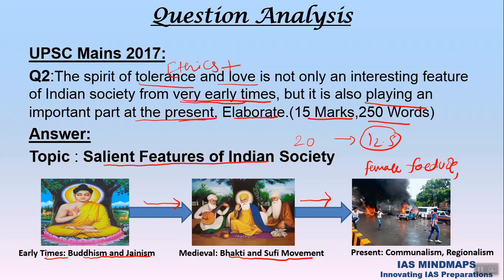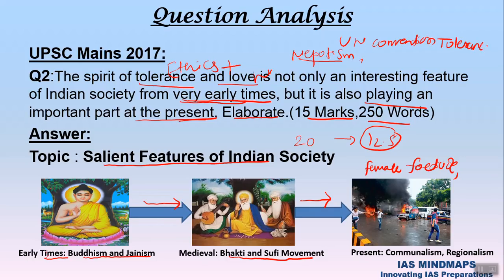We conclude this by mentioning the various efforts taken by the Government of India. Recently they have passed laws against nepotism. Again, we can mention the various international initiatives taken, like the United Nations Convention on Tolerance.